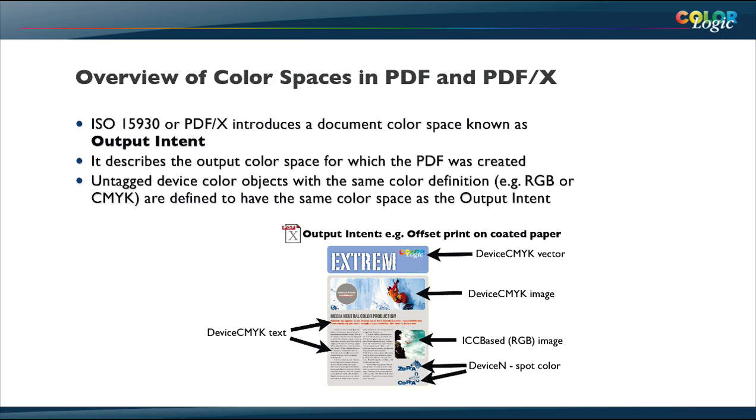Those colors that are device CMYK in my document ought to be in that output intent, so I don't have to give additional information. If I say that's an output intent, and I have these device CMYK colors in there, they ought to be in that output intent. Whereas, for example, an ICC-based RGB should be converted to that output intent to be rendered correctly.